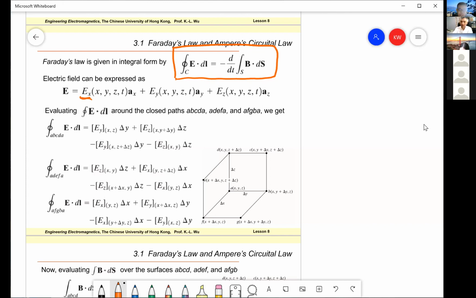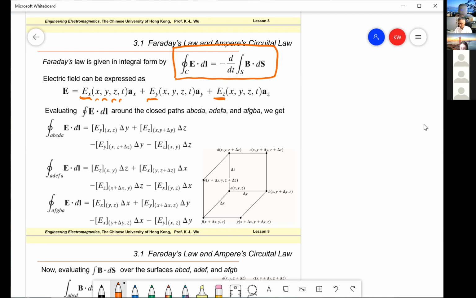So we have X component, Y component, and Z component, and each component is a function of X, Y, Z, and time. Now let's evaluate this vector line integration along a very specific contour. How specific is it? Let's look at this.